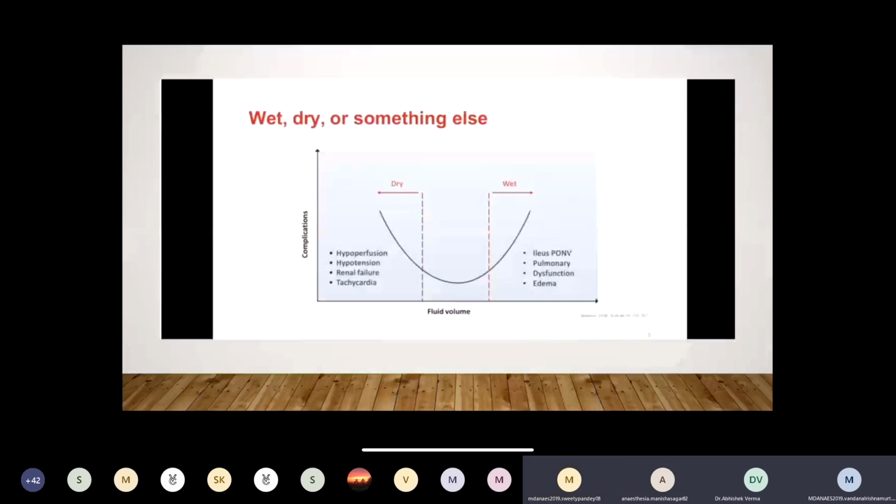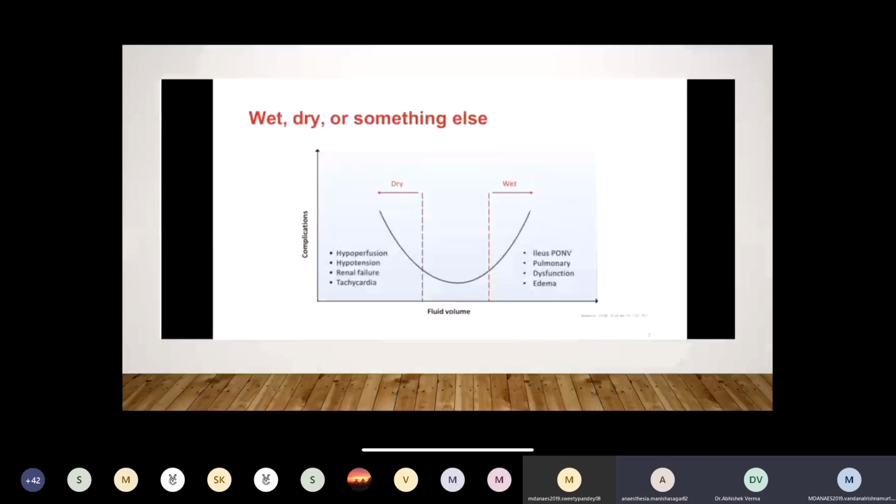There may be extravascular fluid inside the interstitial space, and it can cause respiratory compromise. If it is an abdominal surgery, it can cause fluid edema inside the gut, and the functioning of the gut will be hampered. So it can be more detrimental as compared to hypoperfusion.